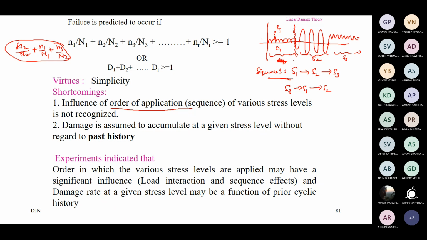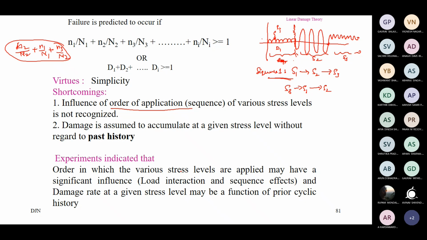So it is an important point to note that the order in which you apply the stress levels on a component significantly affects the life of the part or component you have designed. Always remember this point. In fatigue, it is not that easy to predict the life. It depends on several factors, and load sequence is one factor.